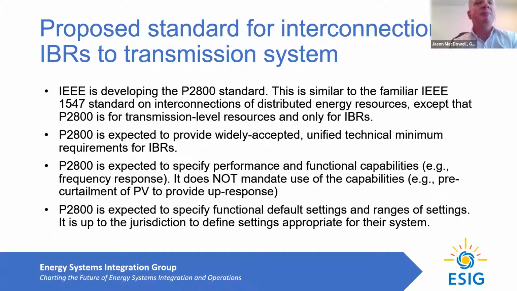So it's a minimum set of suggested requirements around support of reactive power to control voltage, providing fast frequency response from inverter-based resources, providing primary frequency response from inverter-based resources, and communications capability also from inverter-based resources to support the grid as needed. Right now, it's a matter of the fact that this standard has been passed.